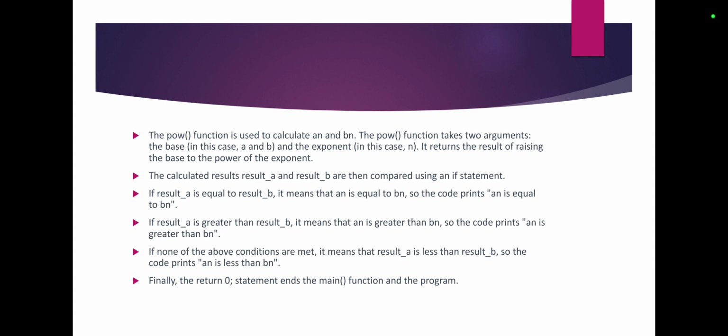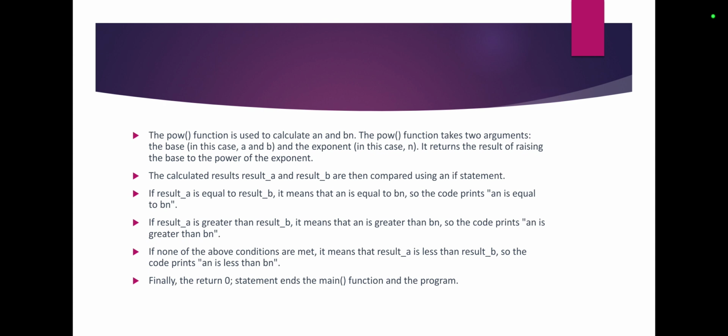The pow function is used to calculate a^n and b^n. The pow function takes two arguments, the base, in this case a and b, and the exponent, in this case n. It returns the result of raising the base to the power of the exponent.